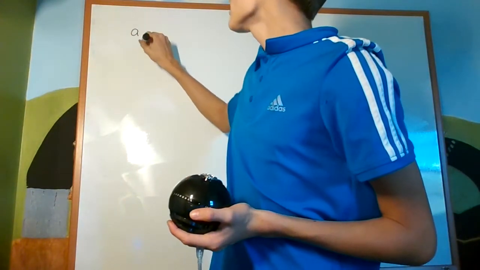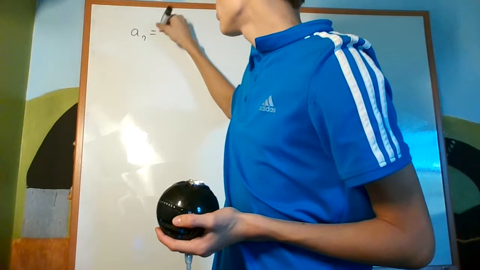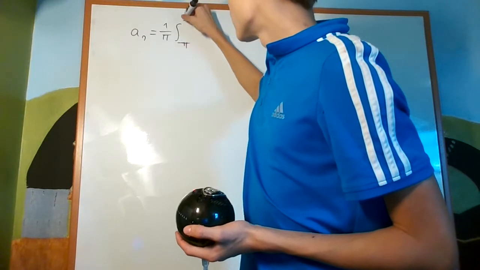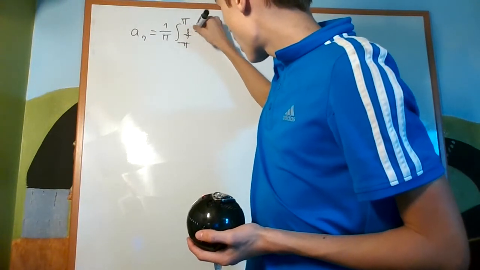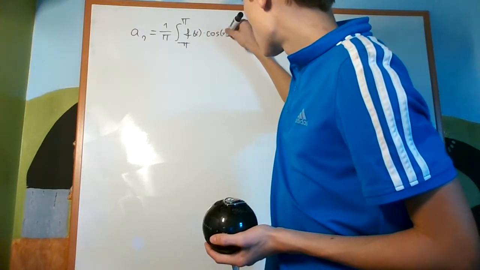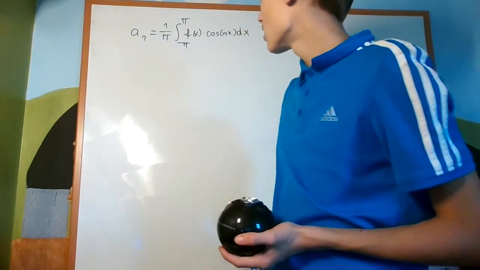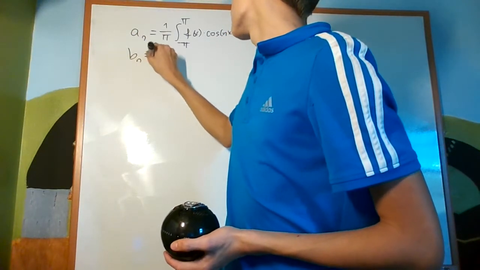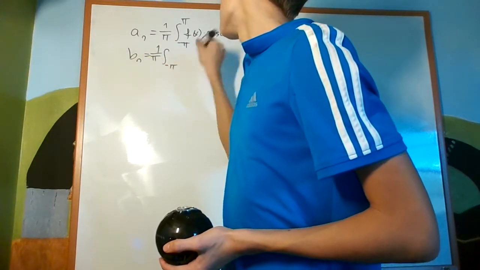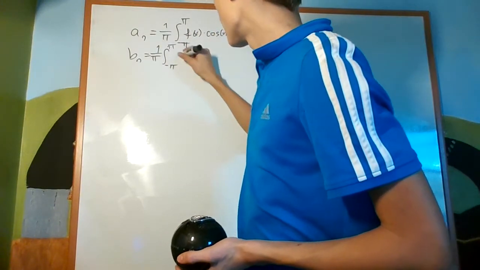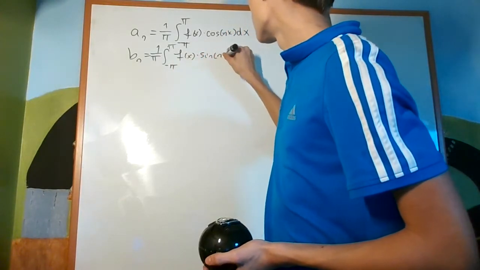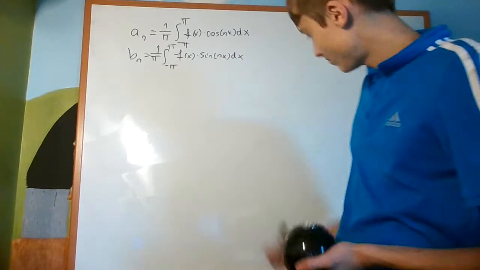We get a n equals 1 over pi times the integral from negative pi until pi of f of x times cosine nx dx, and bn is going to be equal to 1 over pi integral negative pi till pi of f of x times sine nx dx.